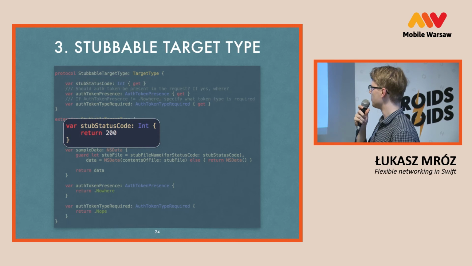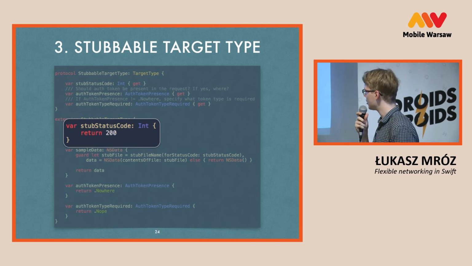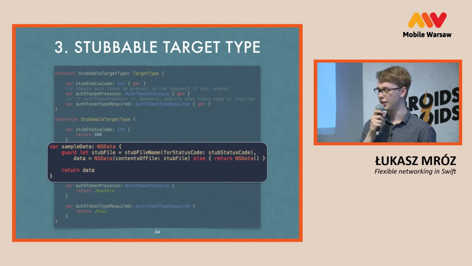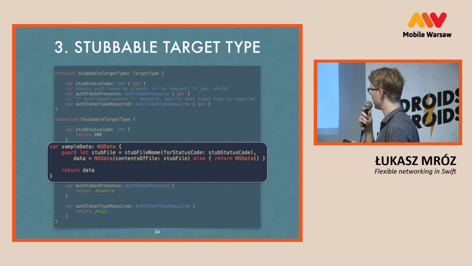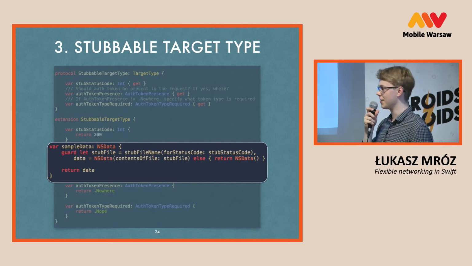And we also make sure that in the default implementation, it is a successful response, so we don't have to change it in every target type. But also, there's sample data, which is provided by default, just to make sure you don't copy your code all the time.